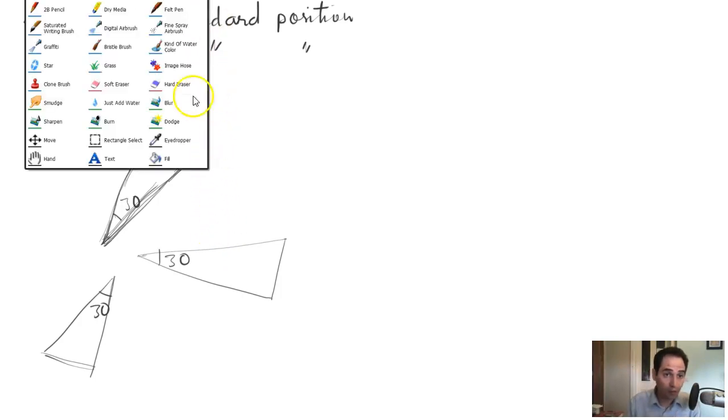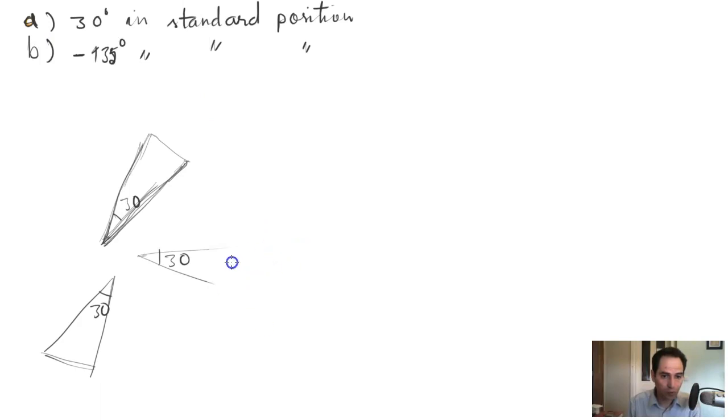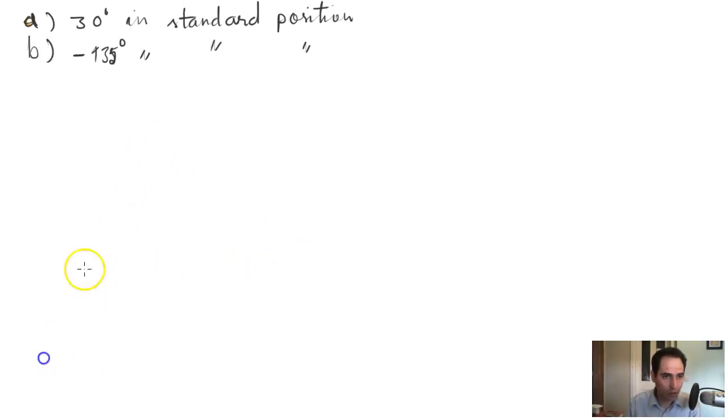But it always helps to know what a 30-degree angle looks like, because it's basically based on a triangle that is 30, 60, 90.